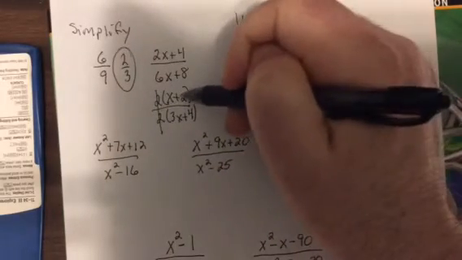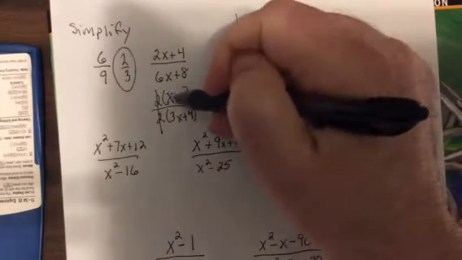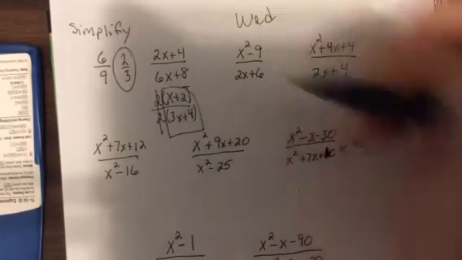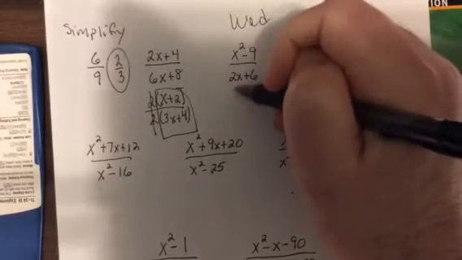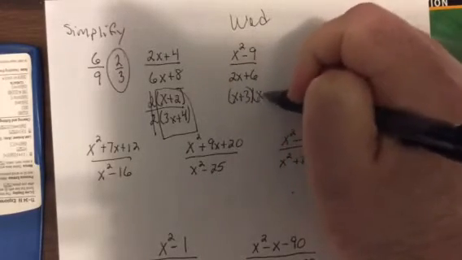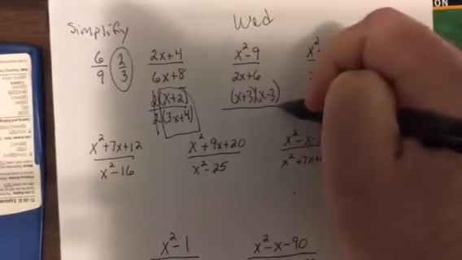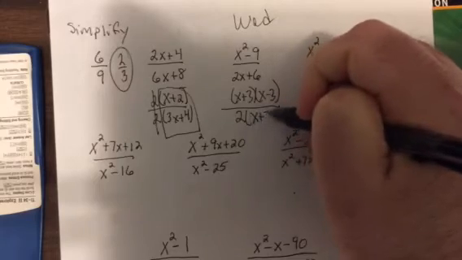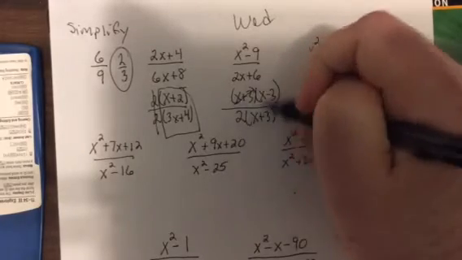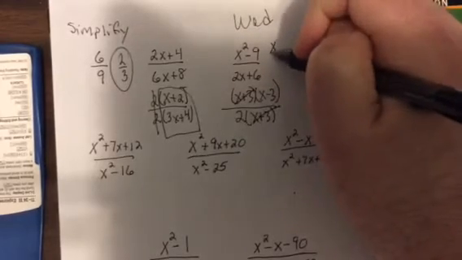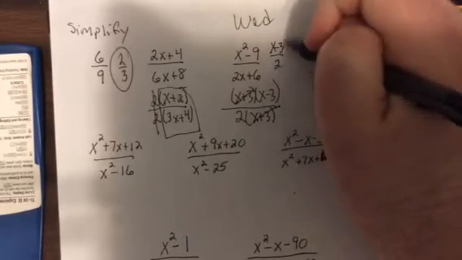Notice you cannot cancel this 2 with the 4, or this x with the x, because you've got the plus. So the answer is this fraction here: x plus 3, x minus 3. Here you factor out a 2. Oh, so the x plus 3's cancel because they're exactly the same. So the answer is x minus 3 over 2.